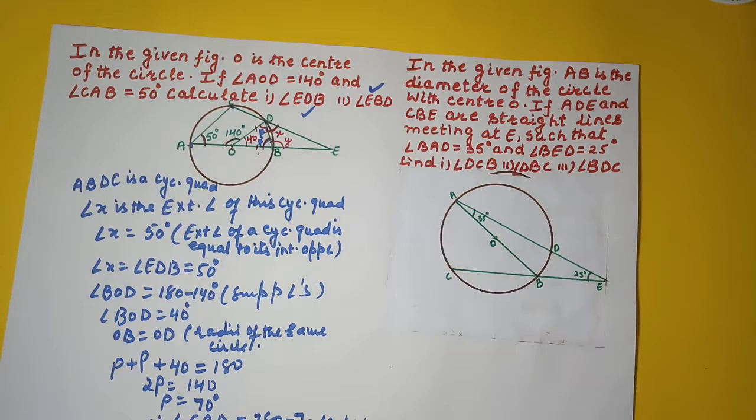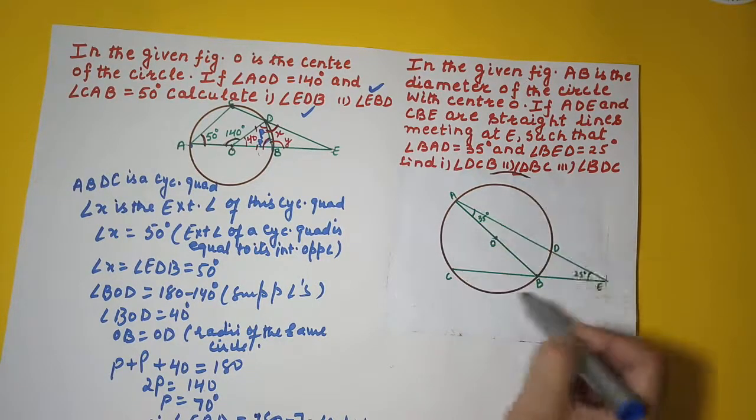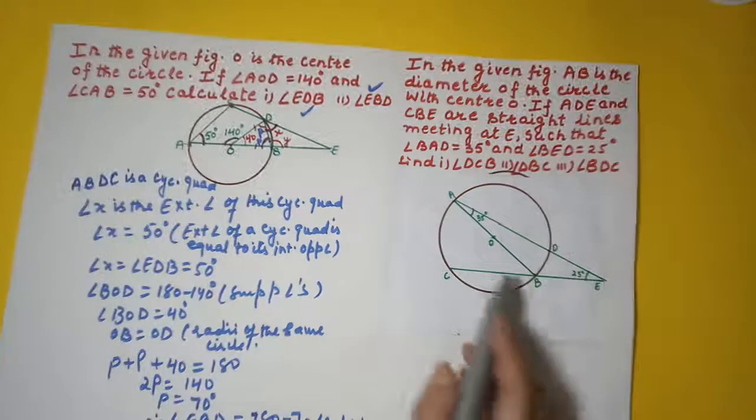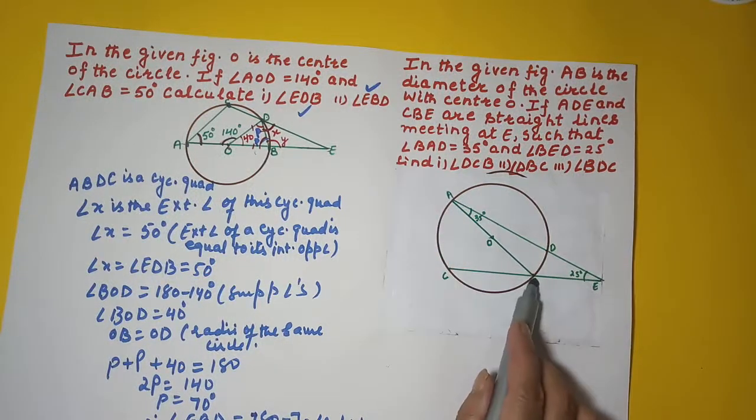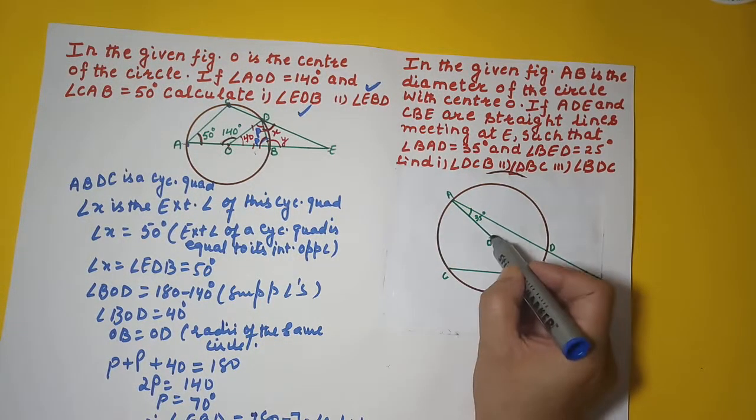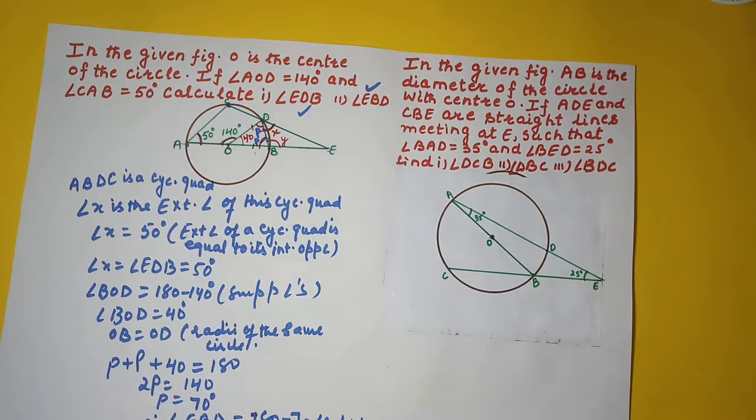Now this question. In this question he is saying that this is the given figure. AB is the diameter, right, of the circle whose center is O. This is the center of the circle.